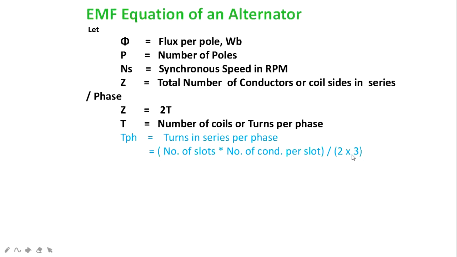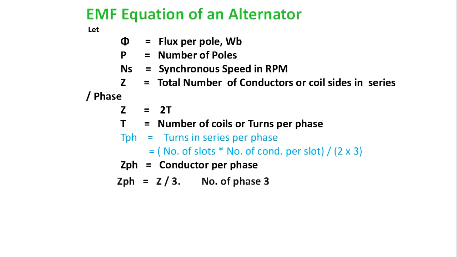Here 2 is the number of coil sides per turn, and 3 is the number of phases in the winding. ZPH is the conductors per phase, which will be equal to Z by 3, because 3 is the number of phases in the machine.